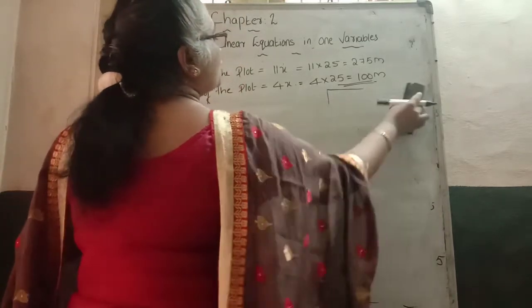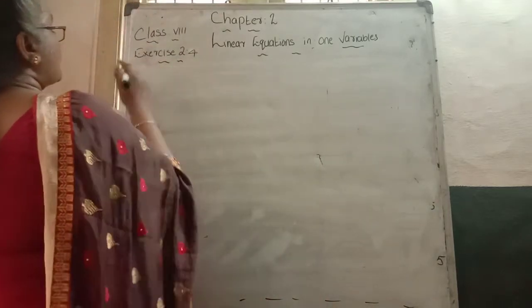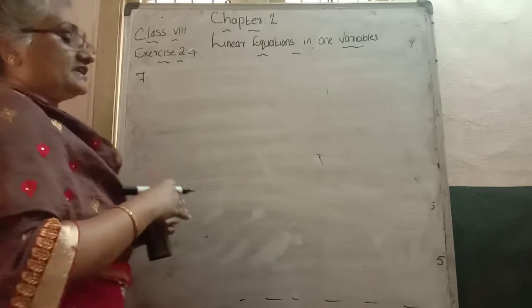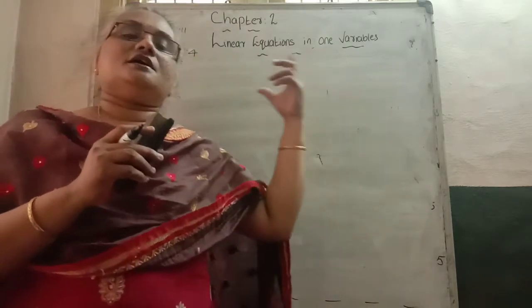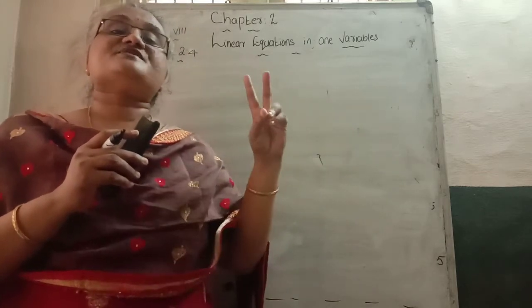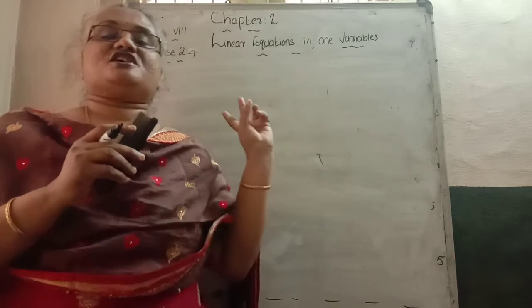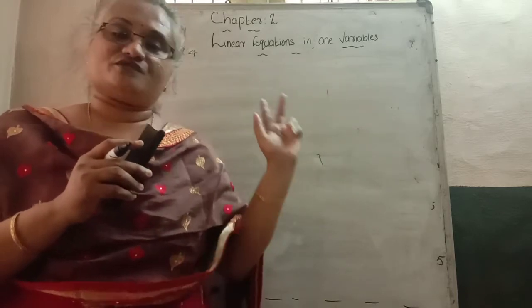Then next we go through the second question, the seventh question. The seventh question tells that there is one person. He purchased two types of cloth material, one for a shirt and one for a trouser.